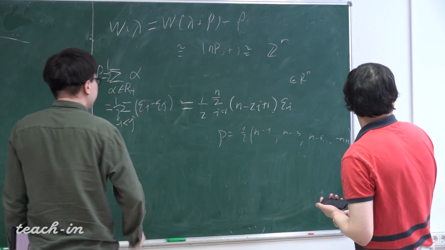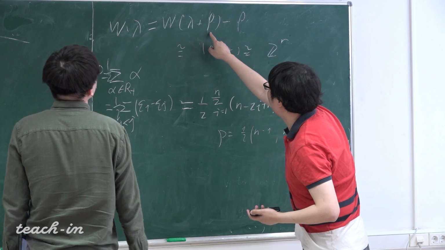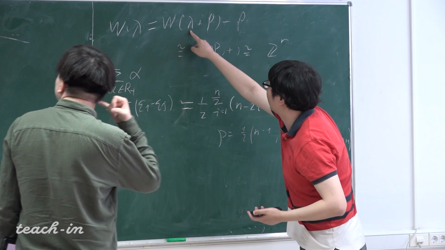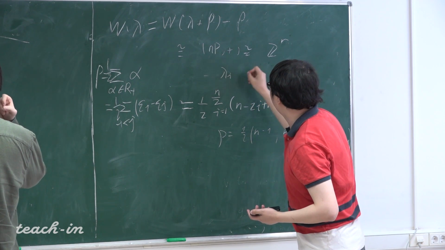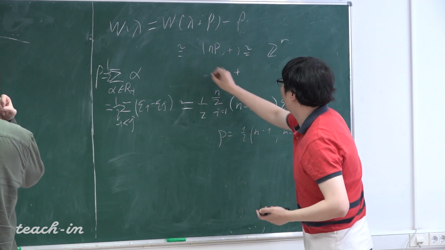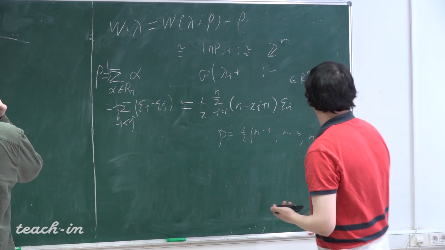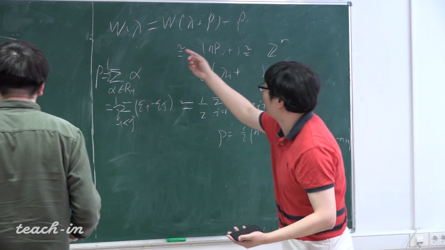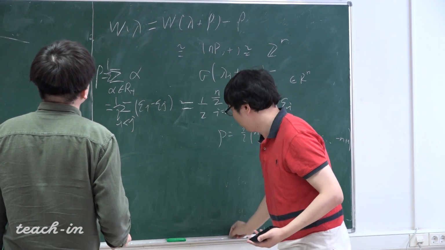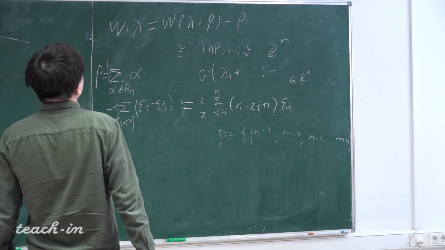When we add these two vectors, the ith coordinate is lambda i plus the ith coordinate of rho, then you take sigma from there and subtract the ith coordinate. Then you will get the ith component of these things, and you plug in there.